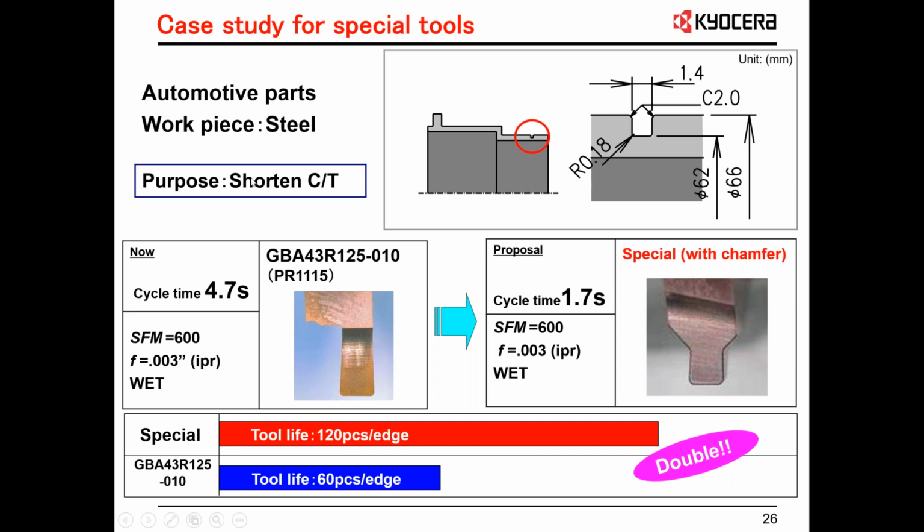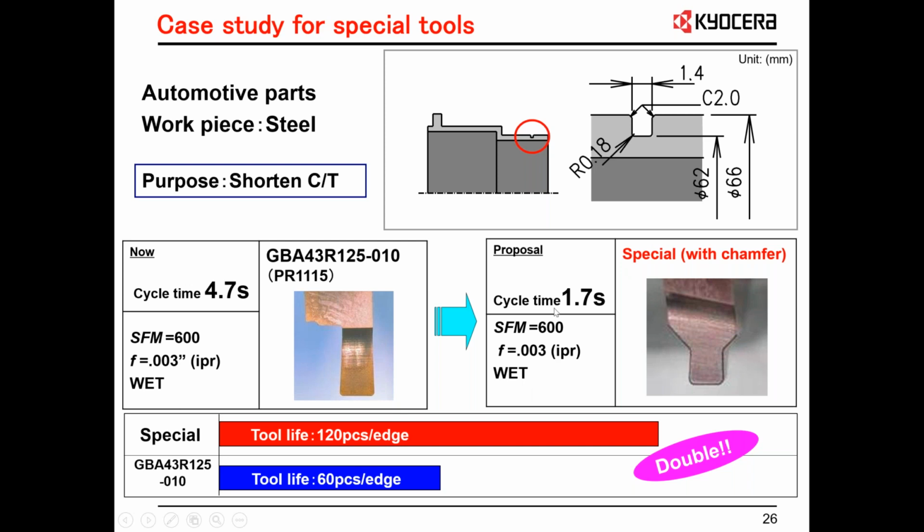And this is just a case study of what you were looking at here. The special tool here, the purpose was to shorten the cycle time. So we were doing this tool like you were looking at before, with just a regular GBA 43R 1.25, 0.1 millimeter radius, cycle time 4.7 seconds. Again, it's just common sense. We go to the special breaker already with the chamfer on it.